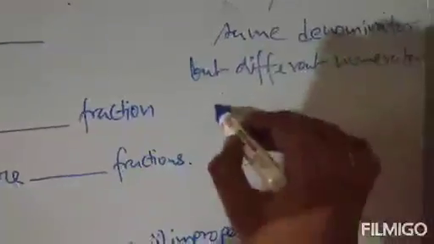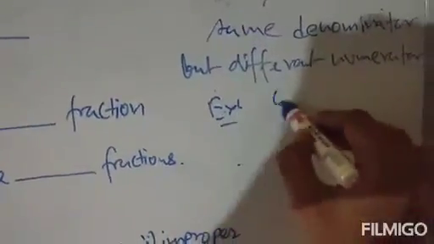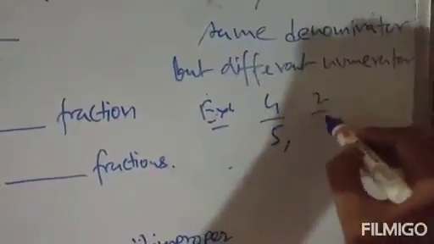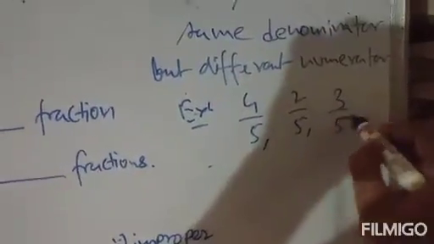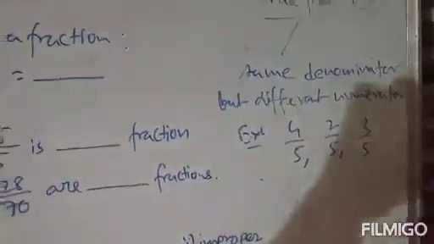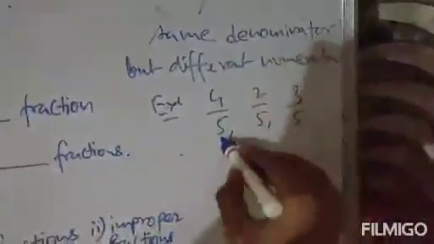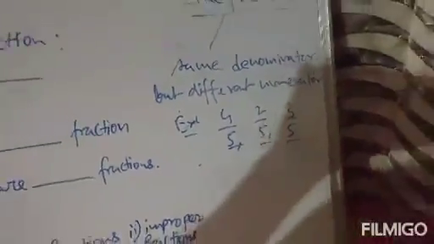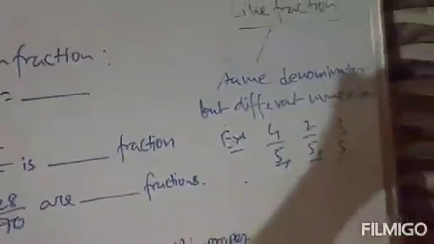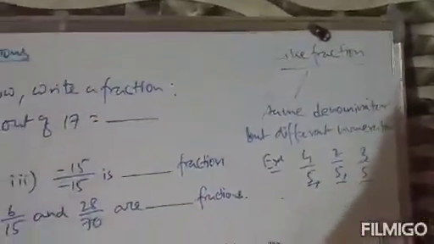What is an example? Suppose 4 by 5, 2 by 5, 3 by 5. All these are like fractions because the denominators are the same. In all these cases the denominators are 5. So the denominators are same but the numerators are different. That is your like fraction.